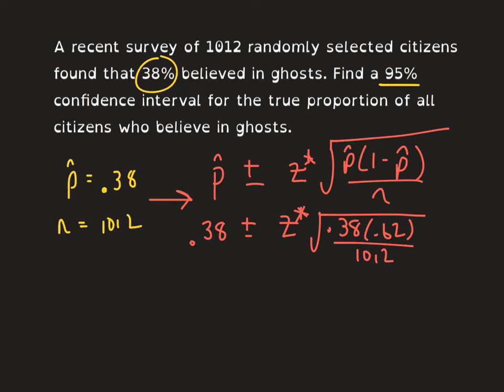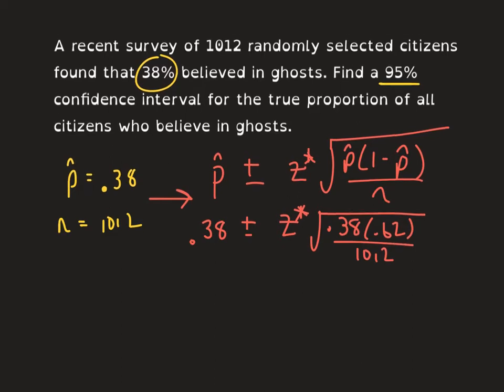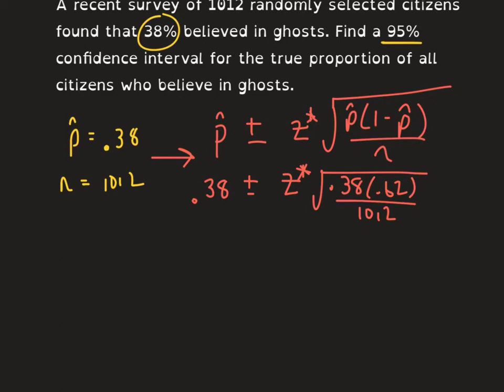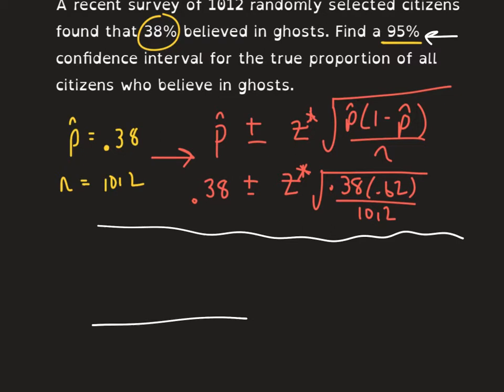Okay, so z star again is going to tell you how many times you're multiplying the standard deviation. And really what it goes back to is something we've done previously with z-scores, and it depends on what your confidence level is. And again, in this problem, we were going with 95%. So let's just do a little sketch here. Under a normal curve, let's say we have 95% of the data in the middle.